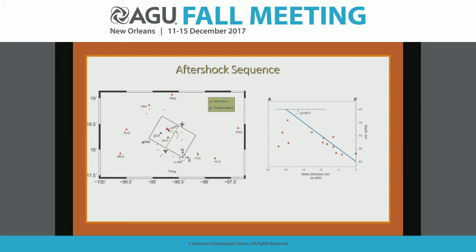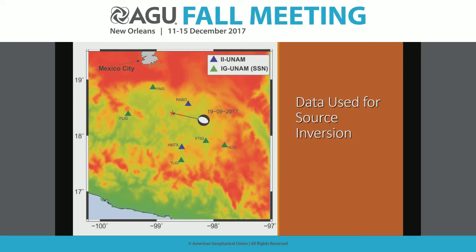So one of the important questions is which of the two planes from the moment tensor solution is the fault plane. Actually, we made the kinematic inversion for both planes, and the solutions in terms of the fits are very similar, so these aftershocks are very useful to distinguish the fault plane.